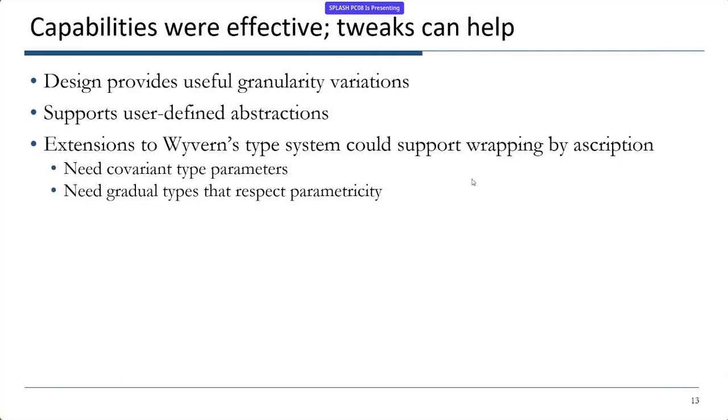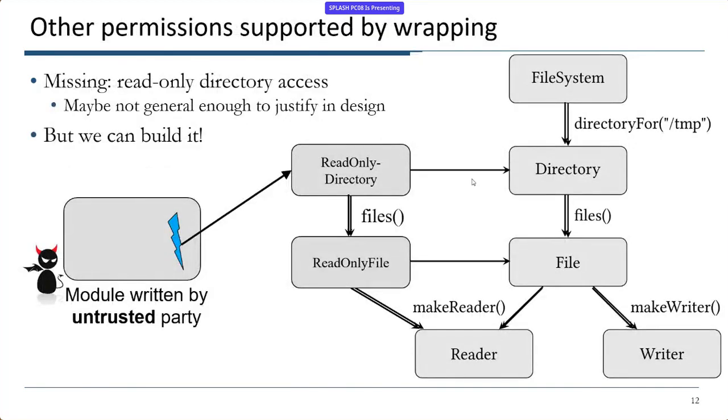Okay, so some lessons. I think we were able to see some useful granularity variations. That's one of the nice things about capabilities. Just the objects you have define what you can do. It supports these user-defined abstractions like read-only directories. What's interesting is that actually, if you were clever enough, you might use the directory as its own read-only capability.